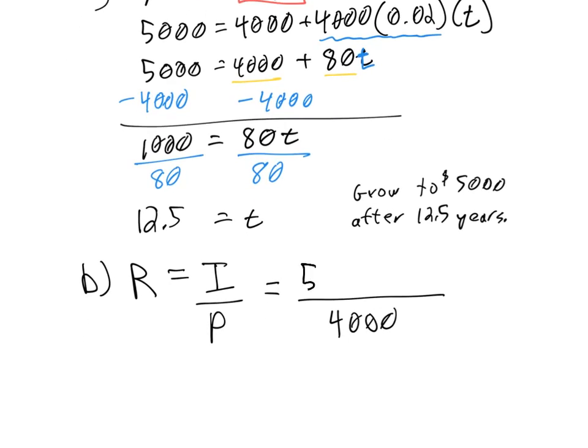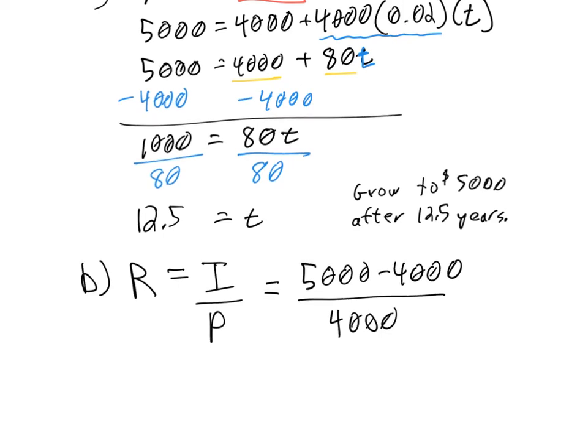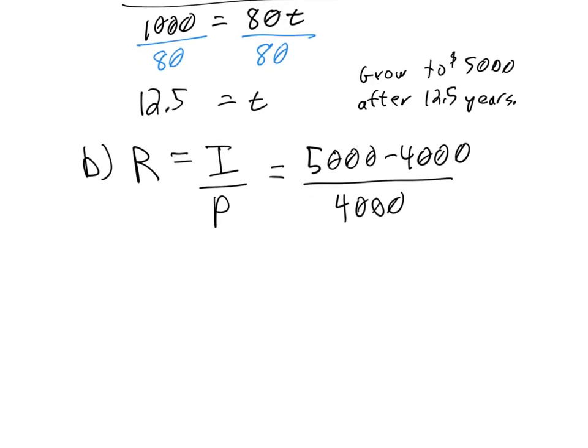Our investment grows to $5,000 and started at $4,000. Well, what that tells us is that the amount of interest that was earned had to be $1,000. For this to grow from $4,000 to $5,000, it means that $1,000 was earned.